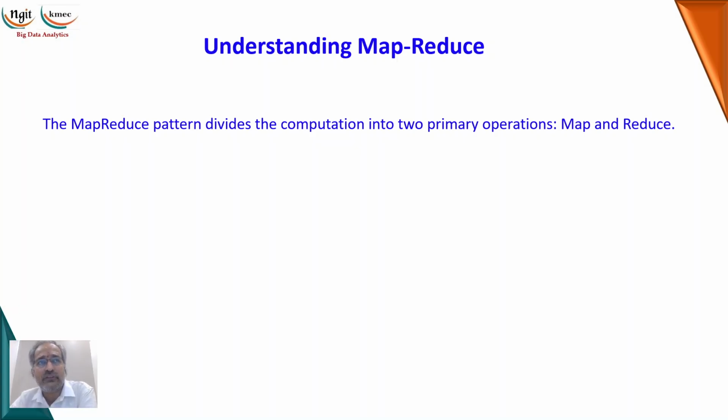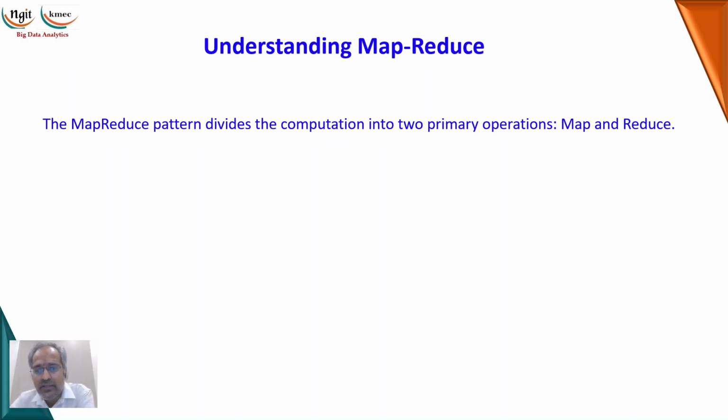Understanding MapReduce: it divides the complete computation process into two parts, map and reduce. The map will filter the data, most probably, in most of the cases. And the reduce will combine the filtered data into a common place and aggregate the result so that we get the final result.